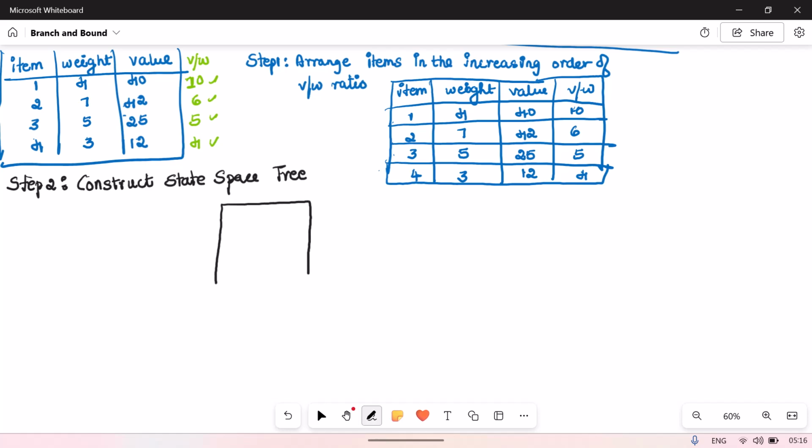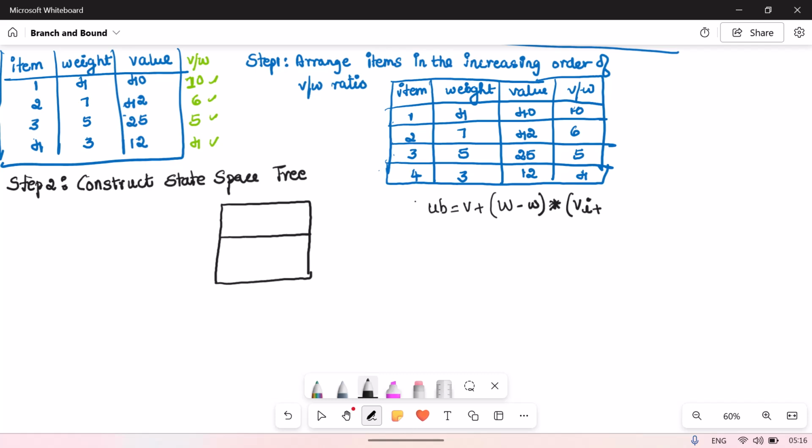So initially, you have to find the upper bound. Okay, you have to find the upper bound. So for upper bound, if you remember, upper bound formula is this. Upper bound is value plus total capacity of the knapsack minus the weight of the item times the ratio of the next item.